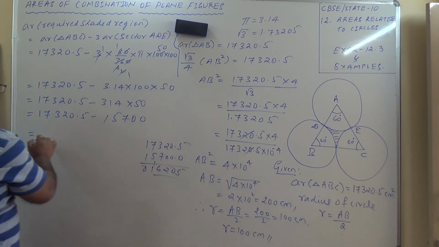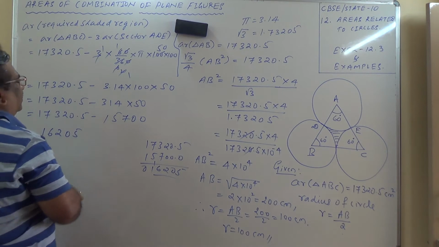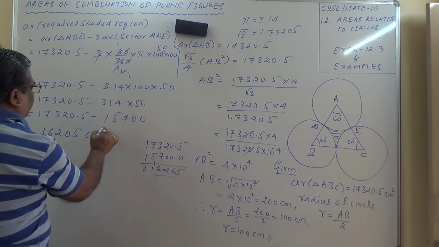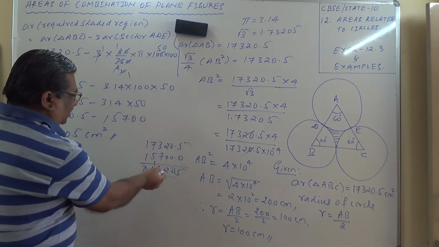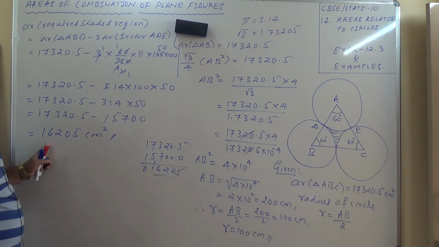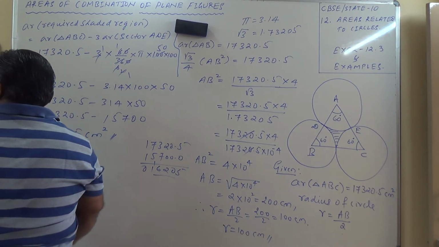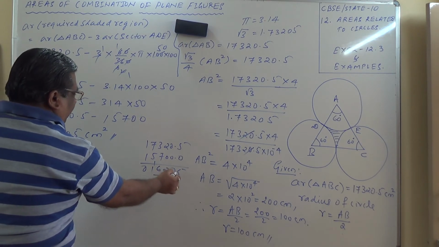So this is 16205 units of measurement, square centimeter. 16205. Any problem? Here it is 0.5.